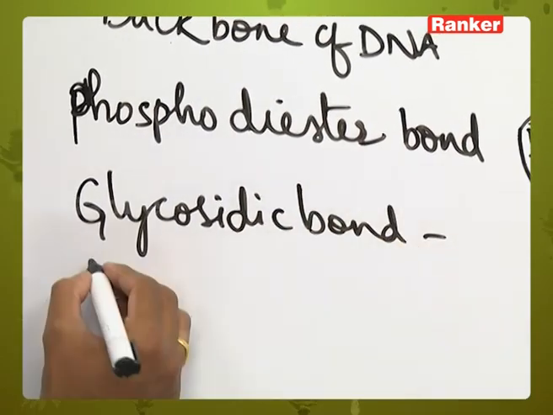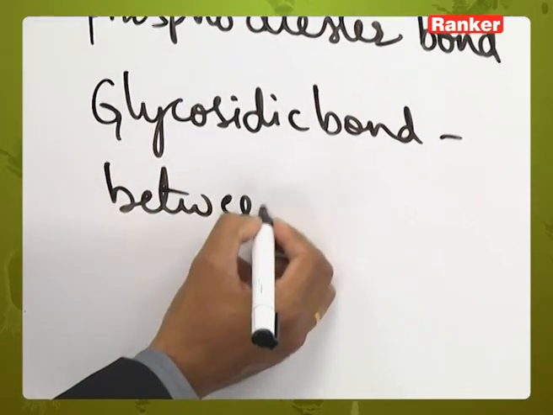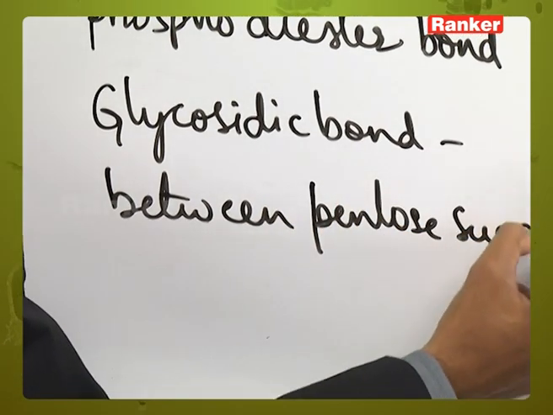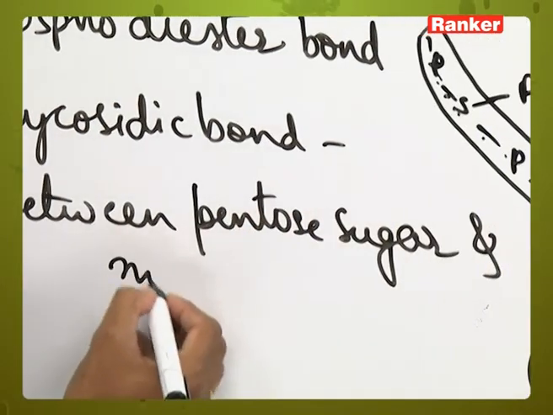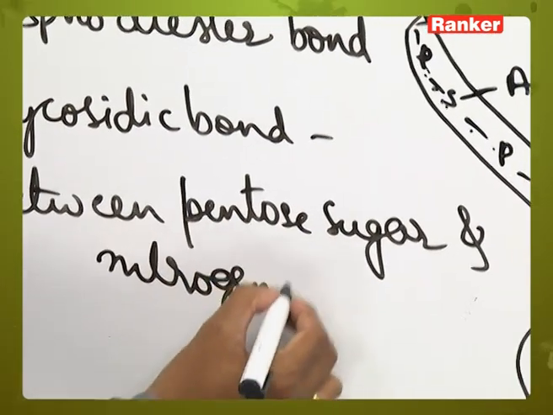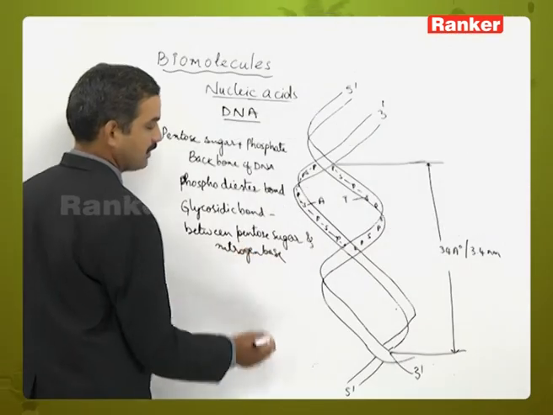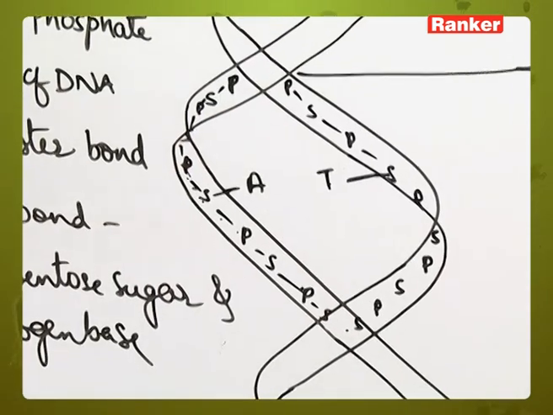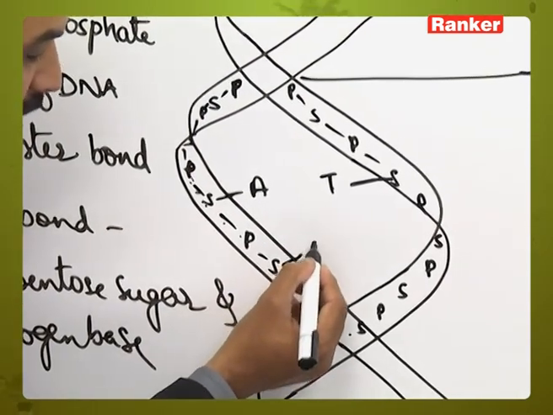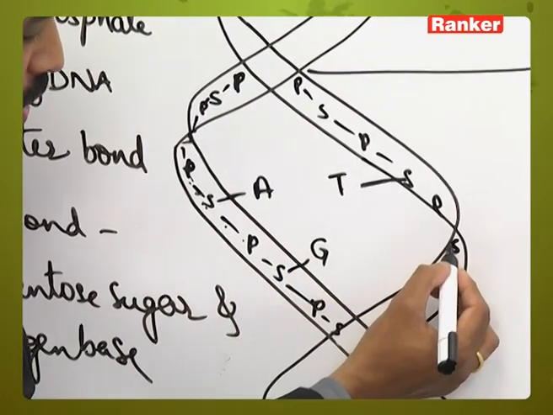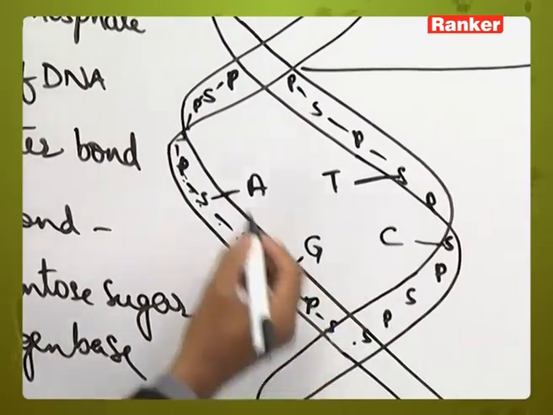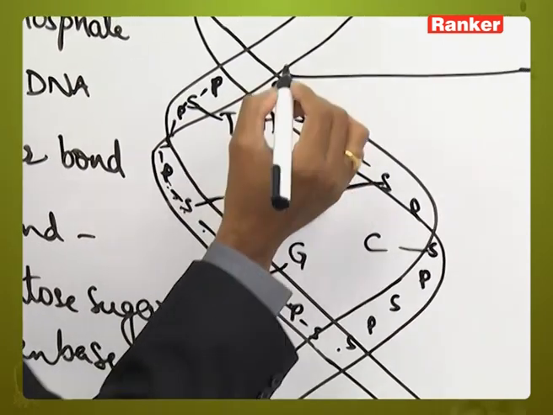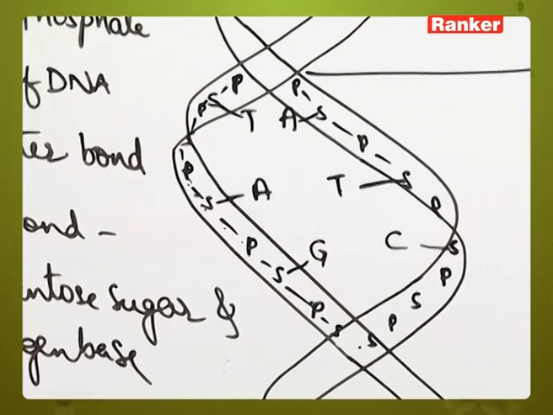Glycosidic bond is present between the pentose sugar and nitrogen base. The same here also, between pentose sugar and the nitrogen base, this is a glycosidic bond. And let's take, if here it is guanine, cytosine will be present opposite. So here if it is thymine, here adenine. So likewise the bonding can be seen.